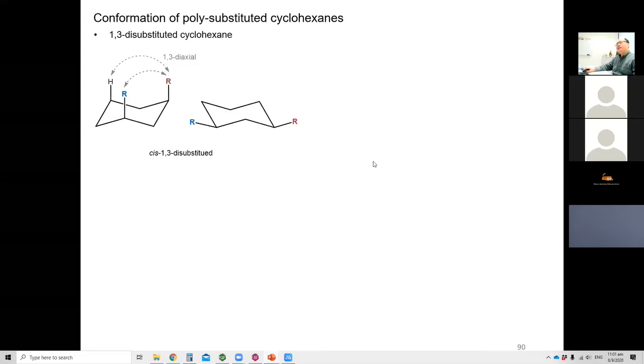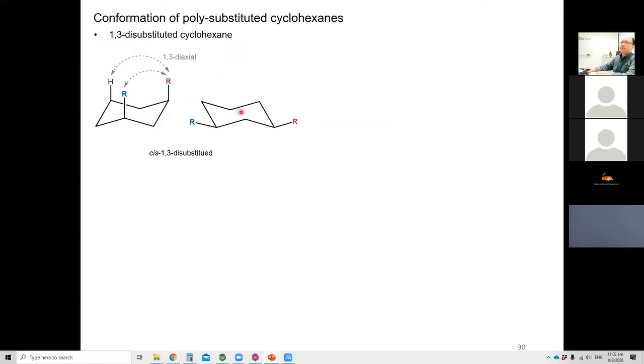Okay, so now let's move on from mono-substituted cyclohexane to poly-substituted cyclohexane. For the mono-substituted one, you only have to consider when the functional group is axial, right? But for the poly-substituted, it's more complicated. For example, those 1,3-disubstituted cyclohexanes.